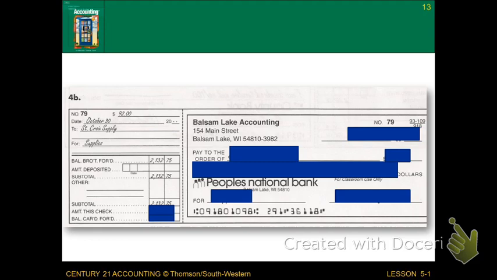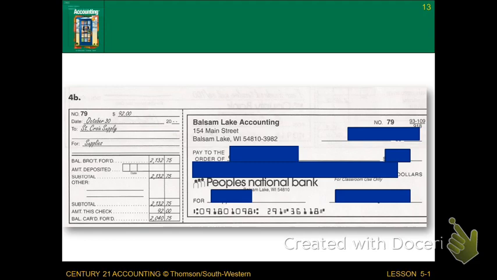And ask yourself, do we have enough in our account to write this check to our vendor, and it's for $92. So yeah, we have enough money for that. So the amount on the check is $92. So you take our existing balance, our subtotal of $2,132.75, subtract 92. So now our current account balance after this check has been written out is $2,040.75, which would be written on the next check stub when we get there eventually.